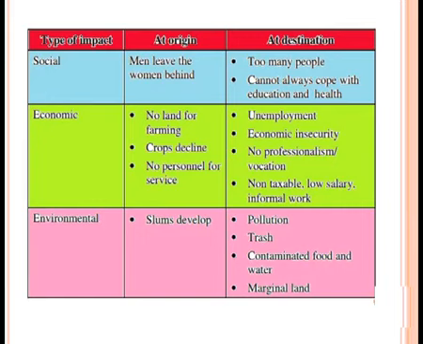Observe them carefully. Types of impact, that is social, economic and environmental. Social: men leave the women behind at destination. Too many people cannot always cope with the education and health. Economic: no land for farming in origin. Crop decline, no personnel for service at destination.